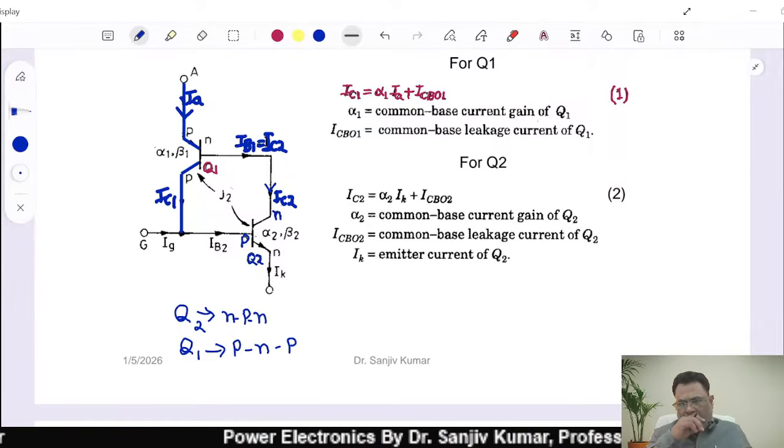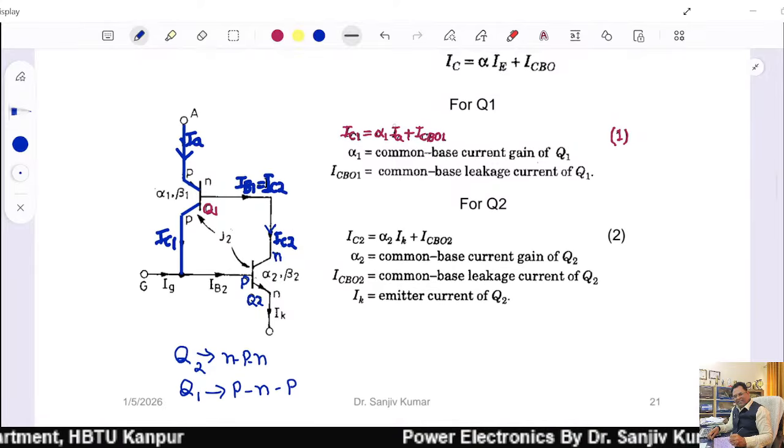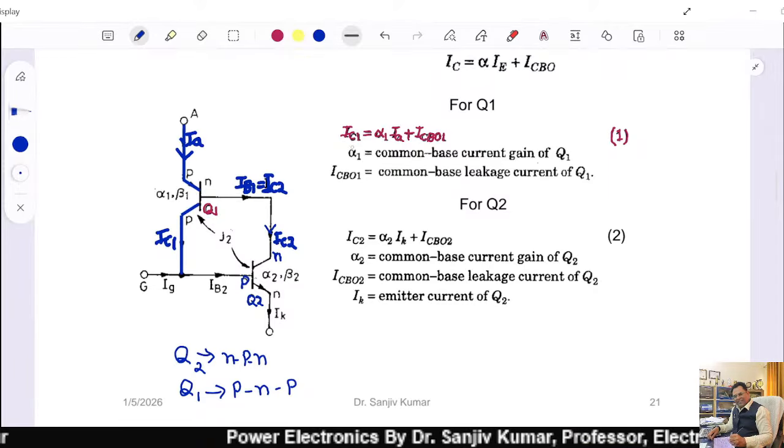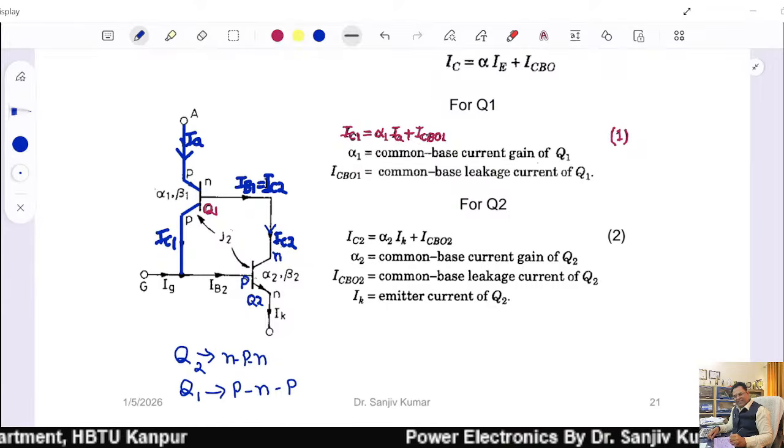Now if you look closely, we already know that we can write the collector current in terms of its leakage current and the emitter current.